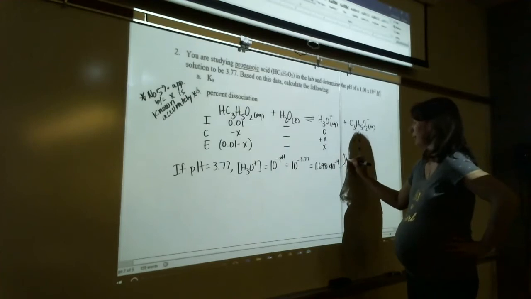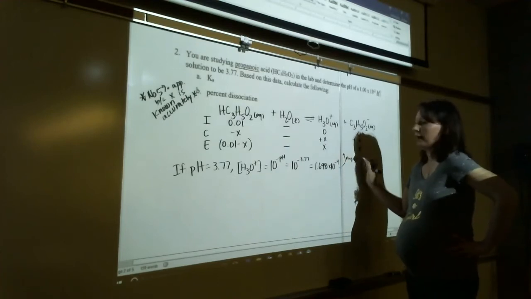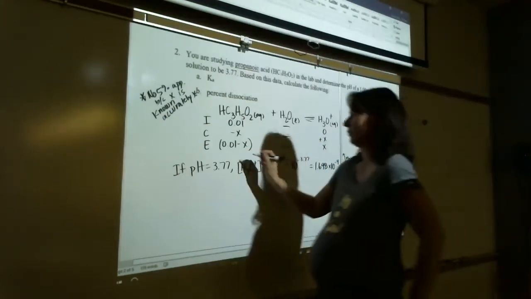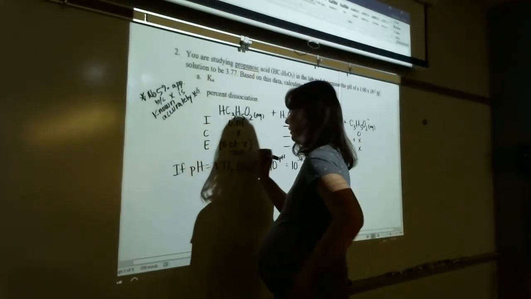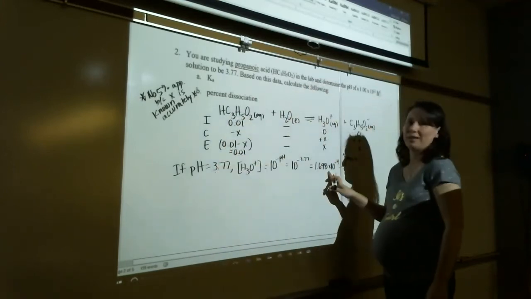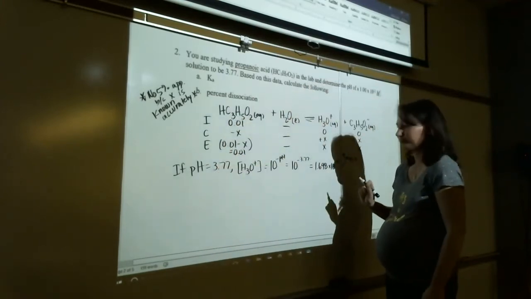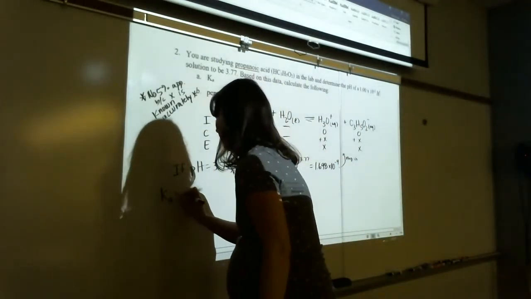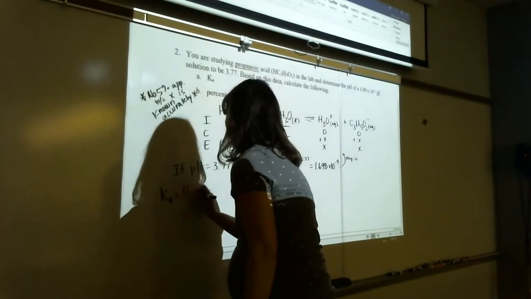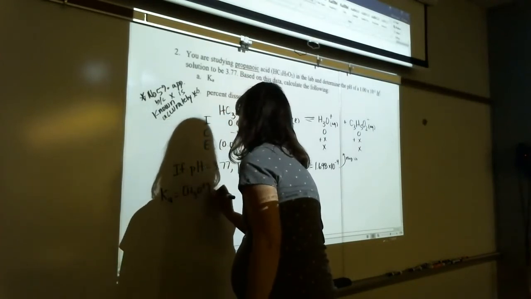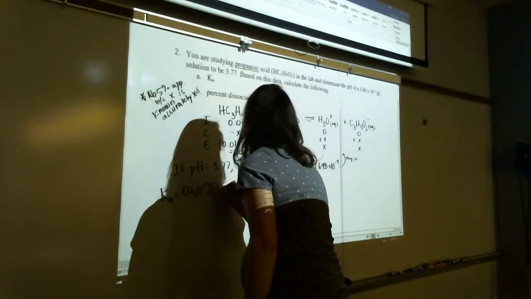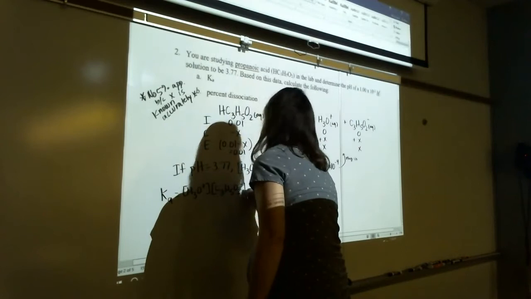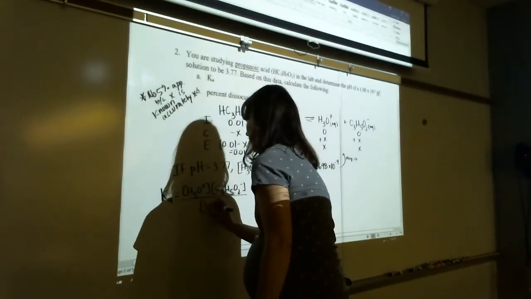Again, we're going to plug in. Now, when I subtract that within sig figs, this is not going to change anything. So that still ends up being 0.01, because 0.01 minus 1.698 times 10 to the negative fourth isn't going to make a difference. So now, Ka is just H3O plus times my anion over the acid.